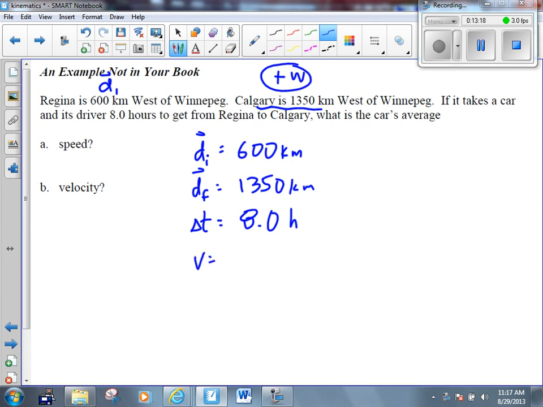Okay, we want to find the average speed. The average speed is distance over time. Do we add these two numbers or do we subtract them? Are they positions or are they displacements?